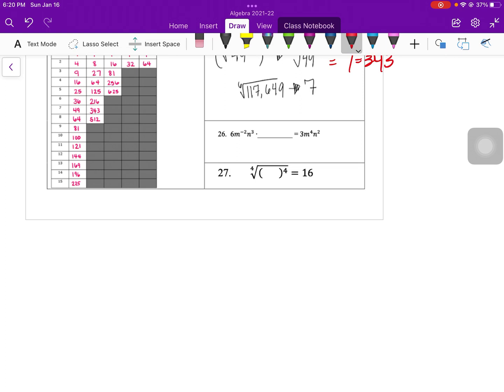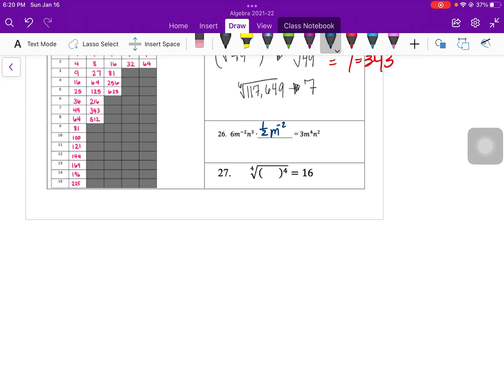Let's see, number 26. What do they want us to do here? Oh, times what? So we're working backwards. Okay, so 6m to the negative second n cubed times something equals 3m to the fourth n squared. Okay, so I want to think about what would I be multiplying 6 by to get 3, and I believe that is the fraction 1/2, because half of 6 is 3. And then we have m to the negative second becomes m to the fourth.